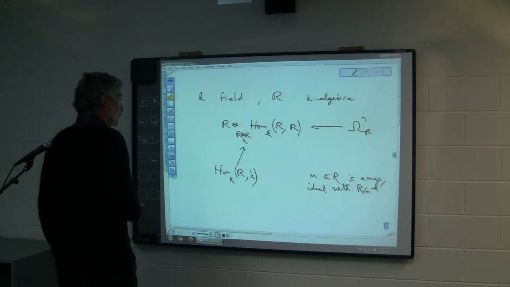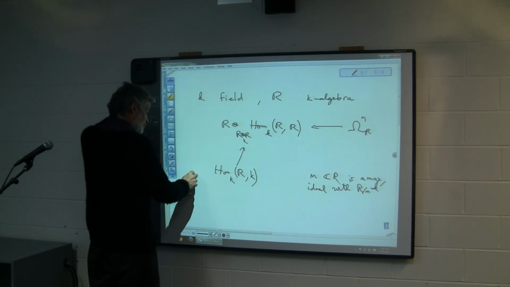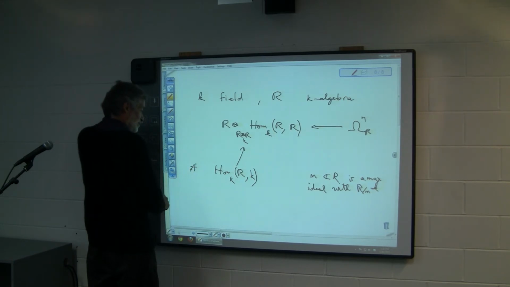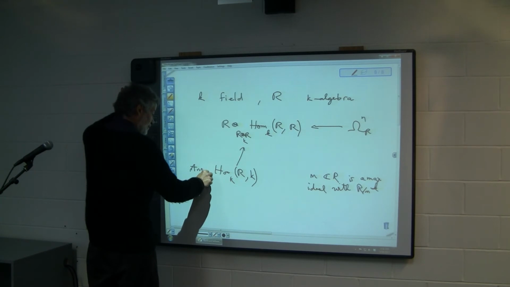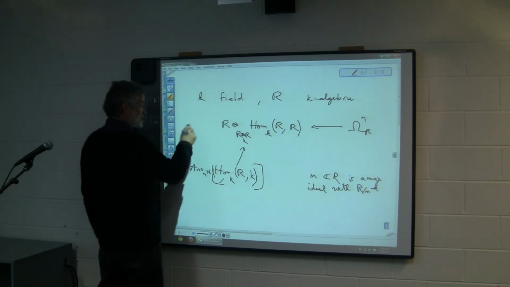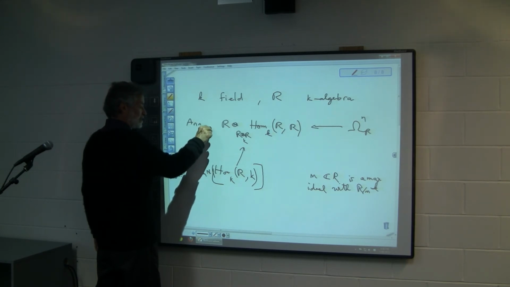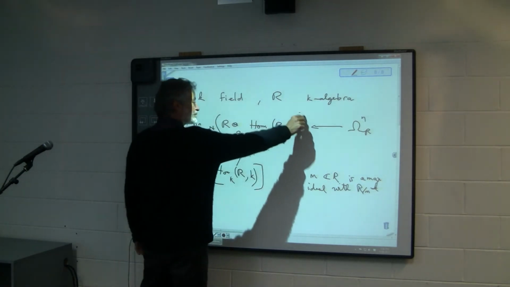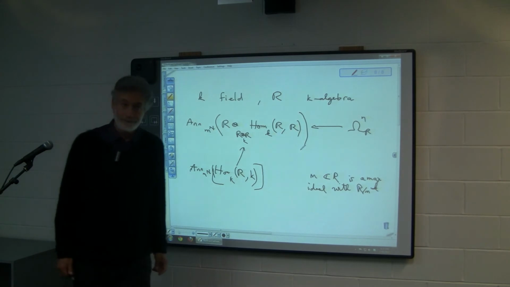Then we can look at the submodule here, the things annihilated by M to the n, by M to some high power. And this gets mapped to the things annihilated by M to some power here. Okay, so theorem 1, this is an isomorphism.